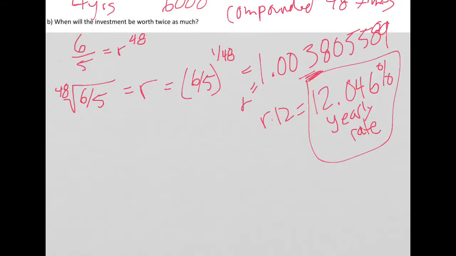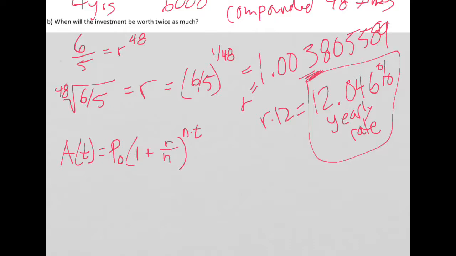And think about what we did earlier in the unit, before we even talked about PERT. We came up with this equation: A of t equals our starting principal investment times 1 plus a yearly interest rate divided by the number of compoundings per year, to the power of our number of compoundings per year times t, our number of years.